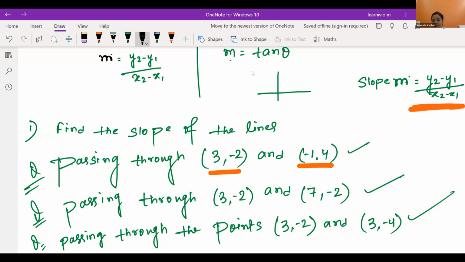Are you done, everyone? Yes. What is the slope for the first one? Minus 3 by 5. Minus 3 by? Sorry, minus 3 by 2. Yeah. Next one. 0.